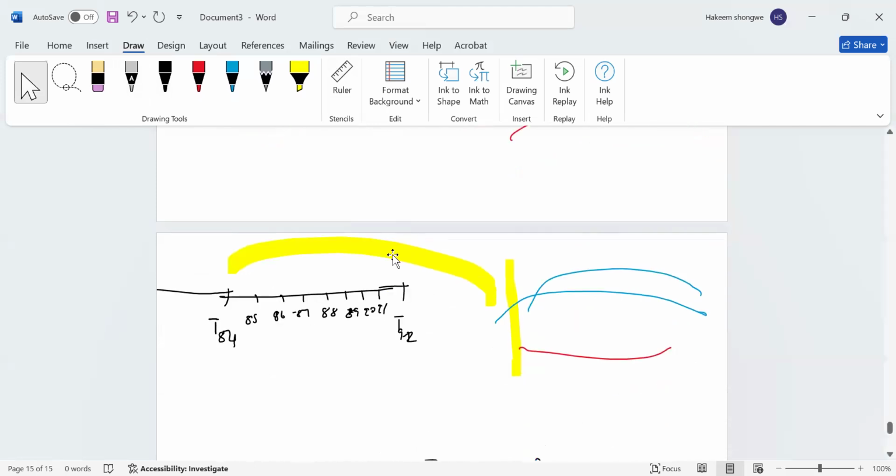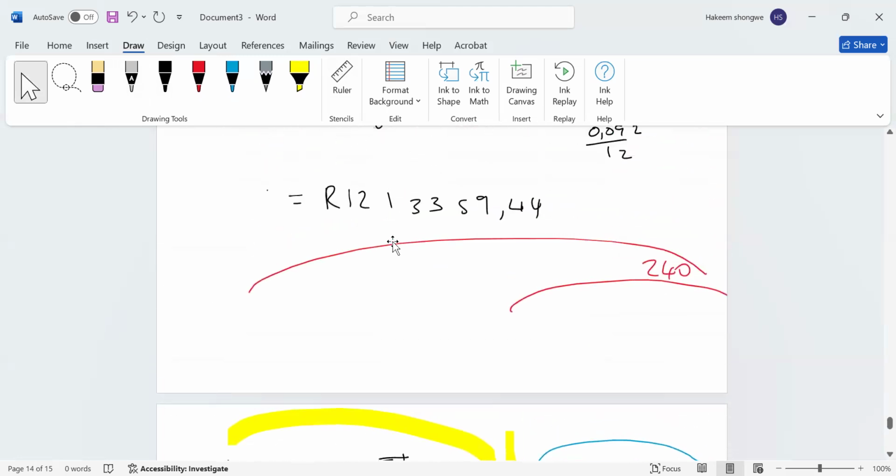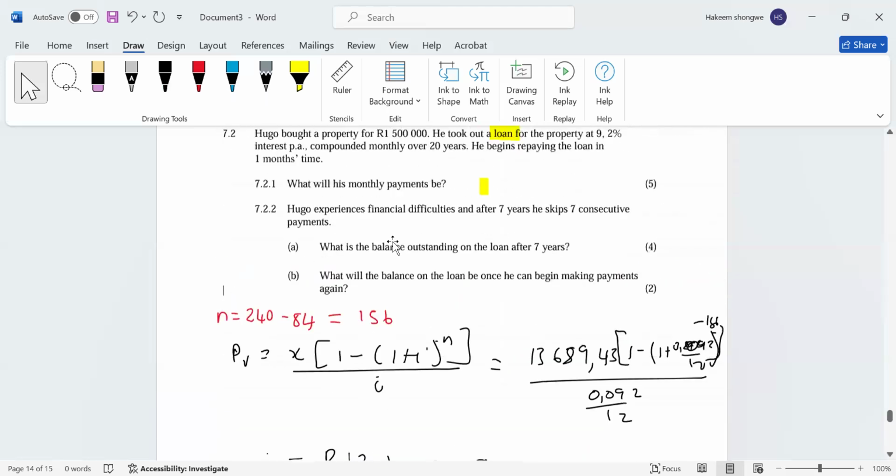Mister, this question, the answer. Which answer?